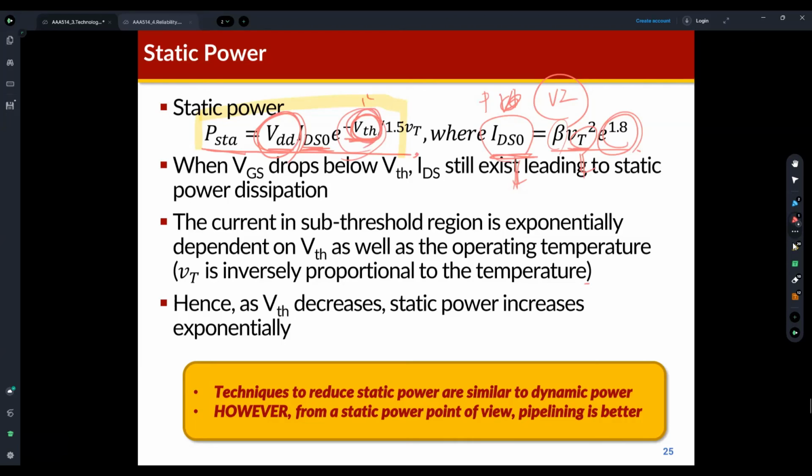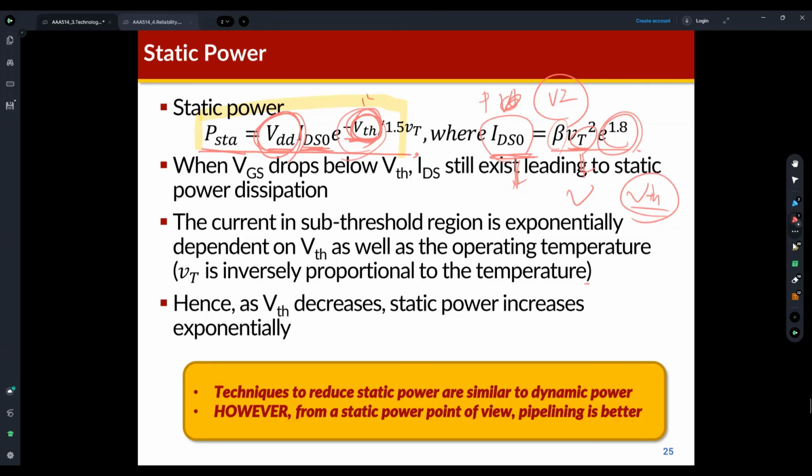So the problem is that this static power is exponentially, inversely proportional to the threshold voltage level. I already explained this. So to reduce this static power, we need to set a higher threshold voltage.